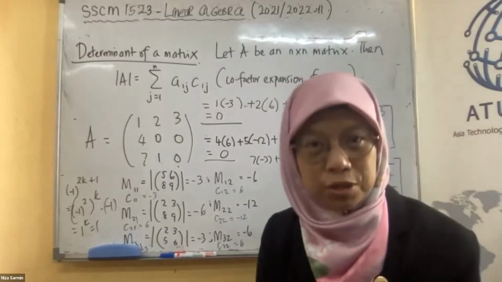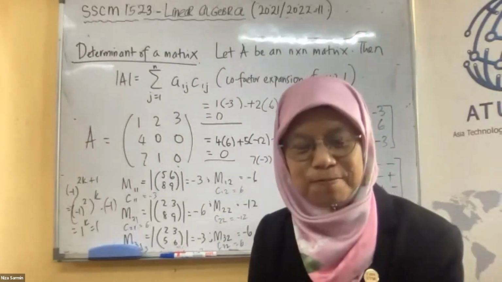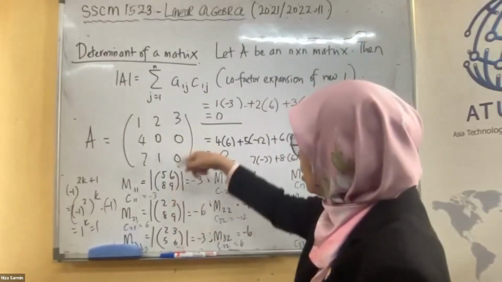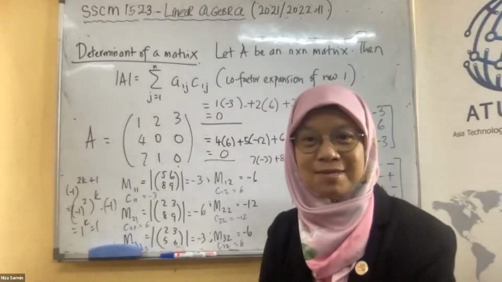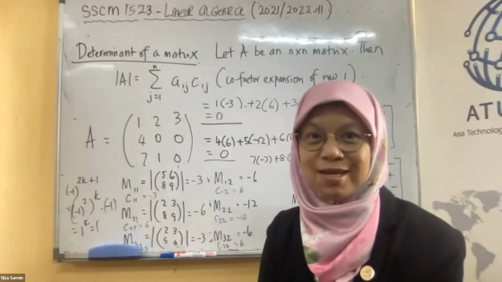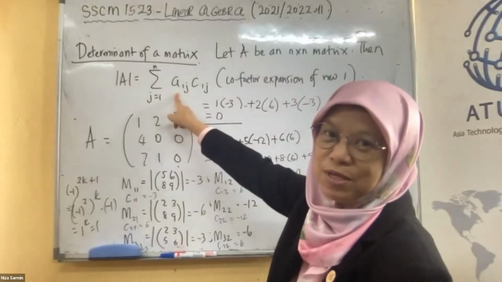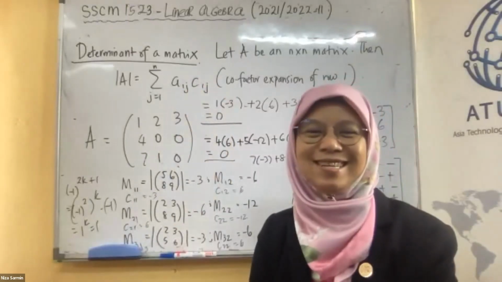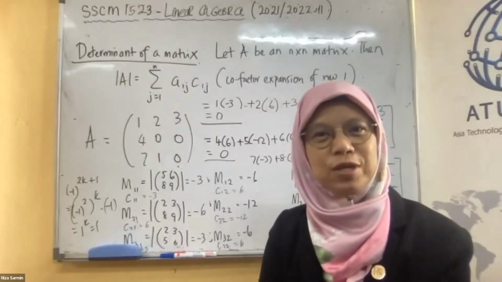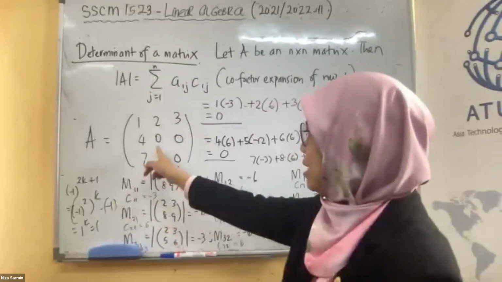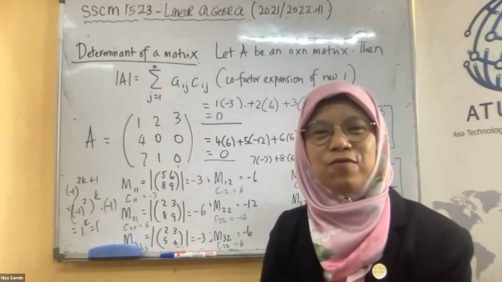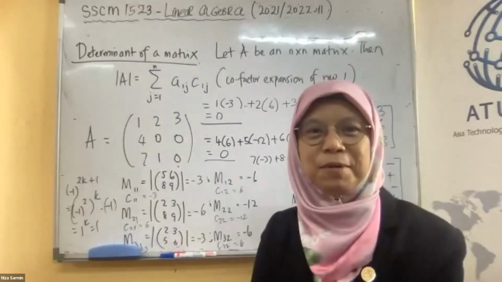I would choose row 2 or the third column, because when A is 0, you don't even have to check the C, right? More 0, that's right. So let's try and calculate this. I give you 1 minute and then we take a break.